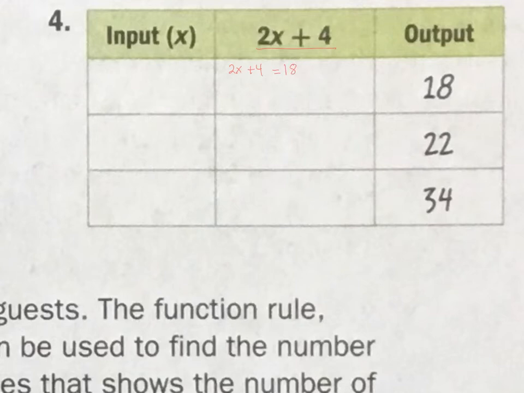And the way I find that is I'm going to get rid of this 4 on this side, get rid of 4 on each side, then it leaves me with 2x equals 14. Now I want to get the x all by itself, so I got to divide this by 2, divide that by 2, and x equals 7. So I think my input is 7.